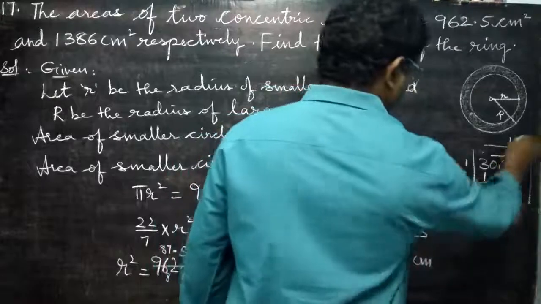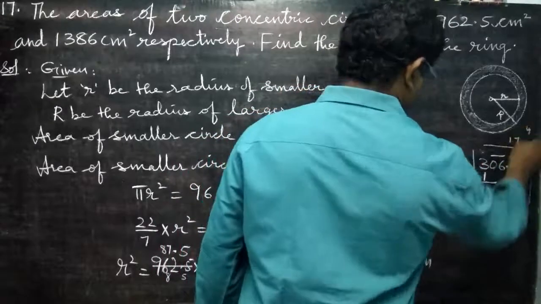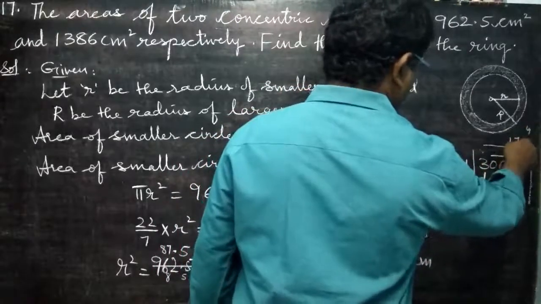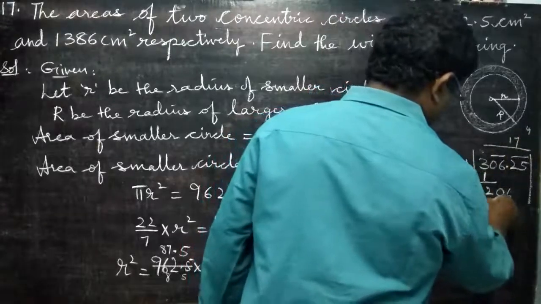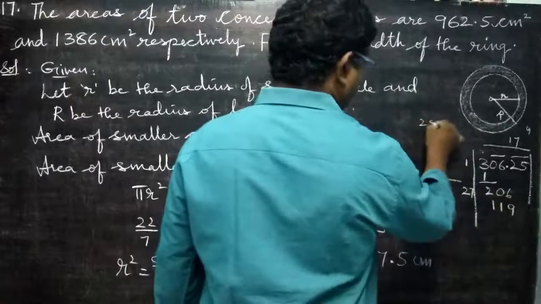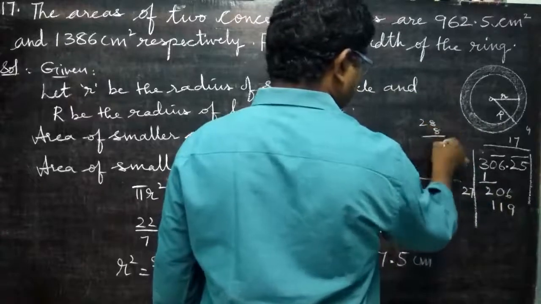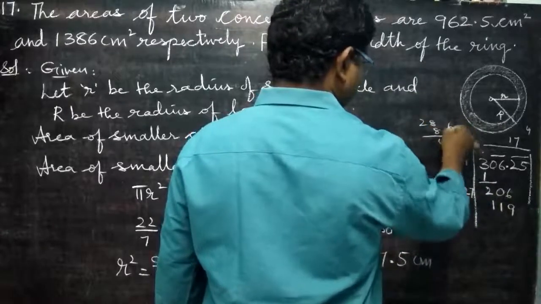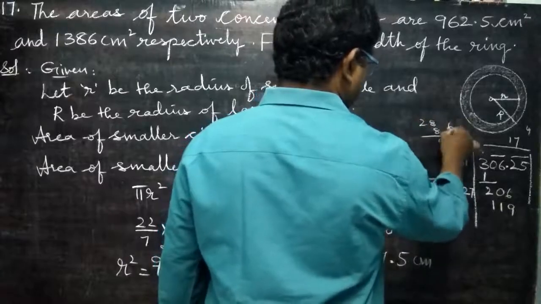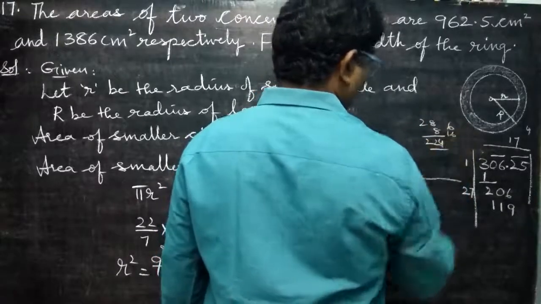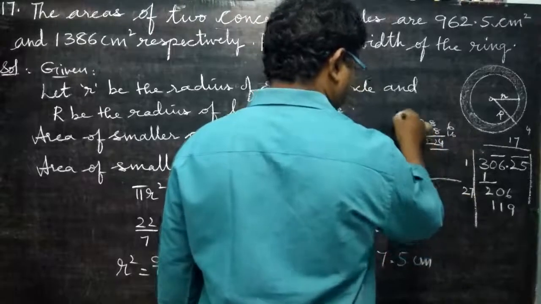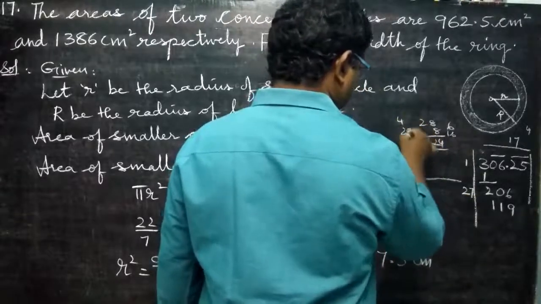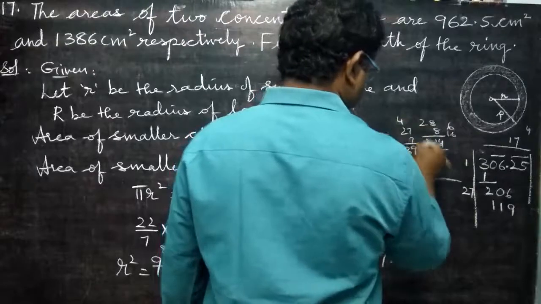7 7s 49, 4. 7 1s are 7, 7 plus 4 is 11. 28 8s, how much you know? 8 8s are 64. 16 plus 6 is more. That's why we are taking 27 7. 7 7s are 49, here 4. 7 2s are 14. 14 plus 4 is 18.